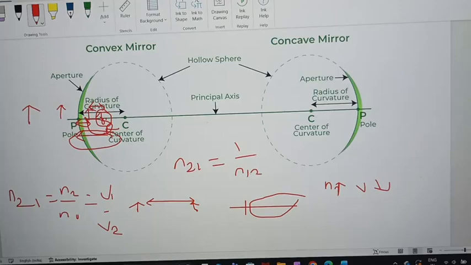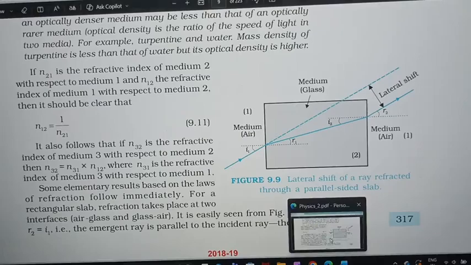Same thing, because n12 means n1 upon n2. If you take 1 upon this, you can again reverse it. If it is coming to the numerator, then it will become n2 upon n1. That is the same thing as n21. So that is the property they are talking about over here.